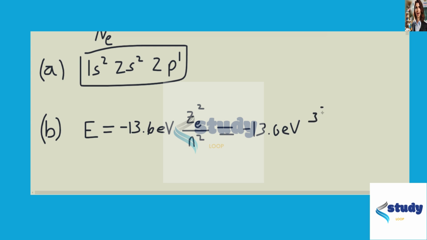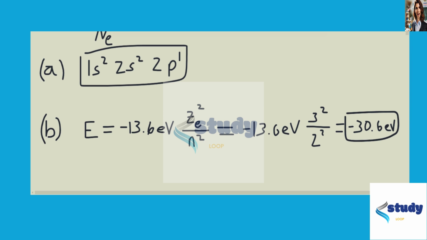And if you have the configuration, we go to the 2p orbital, so this is divided by 2 squared, where n is equal to 2. Plugging those values in, we find that equal to negative 36 eV. We can box that in as our solution.